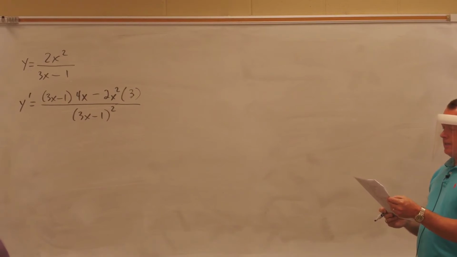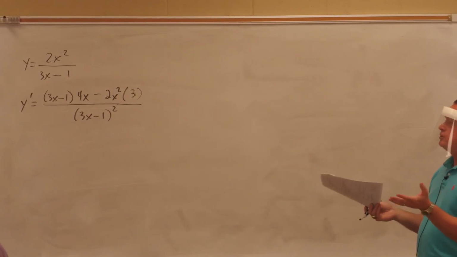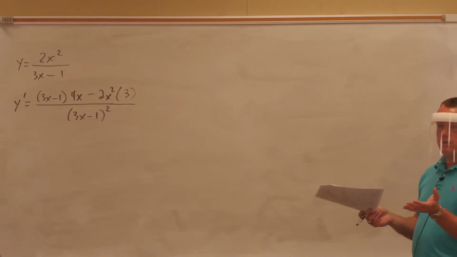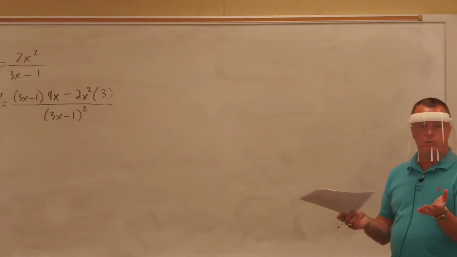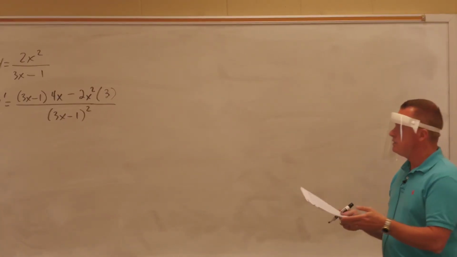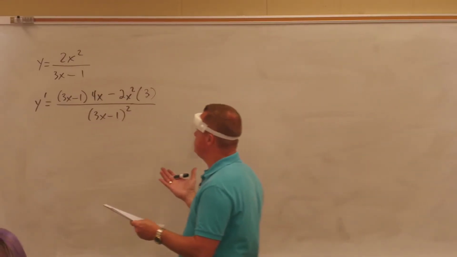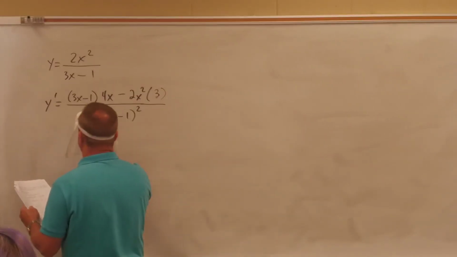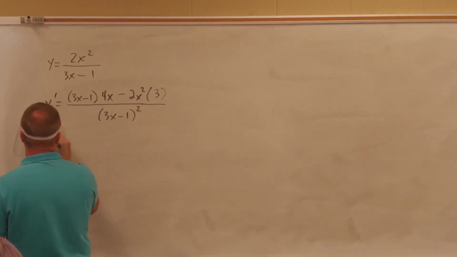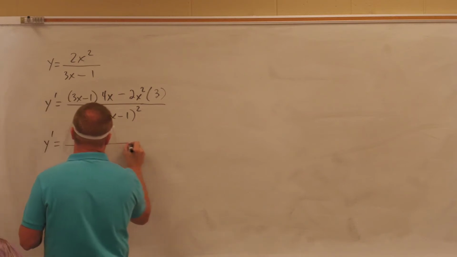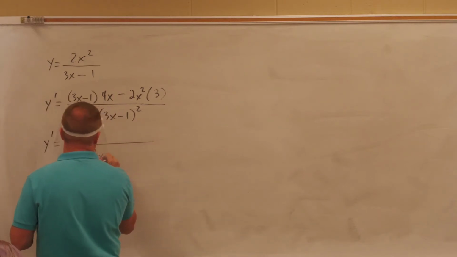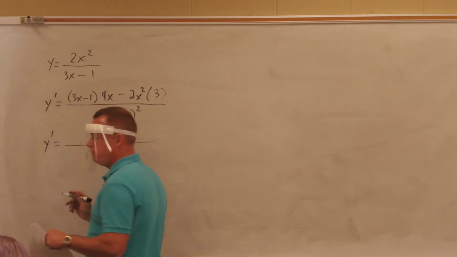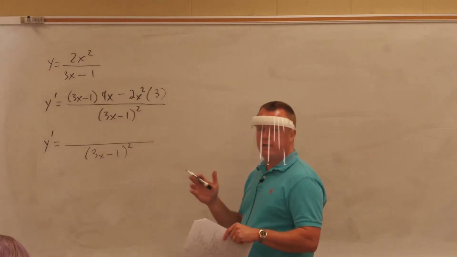Now, it did not say find the function of the derivative. It just said that we want the tangent line. So you don't have to do a lot of reducing necessarily. I'd probably go ahead and multiply this out. But anytime a question asks you to find the equation of the tangent line, that doesn't mean it's wanting a function for the derivative reduced and all of that.